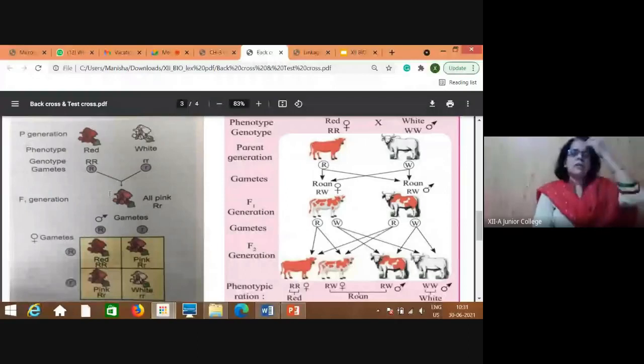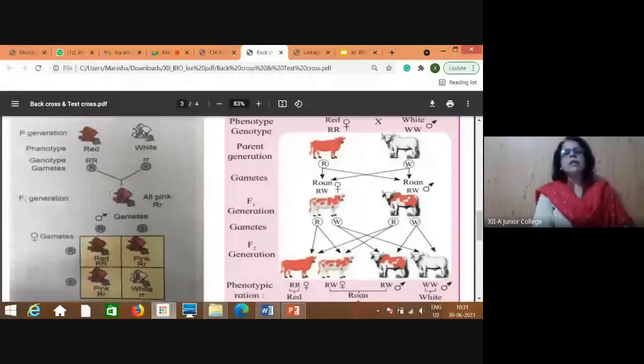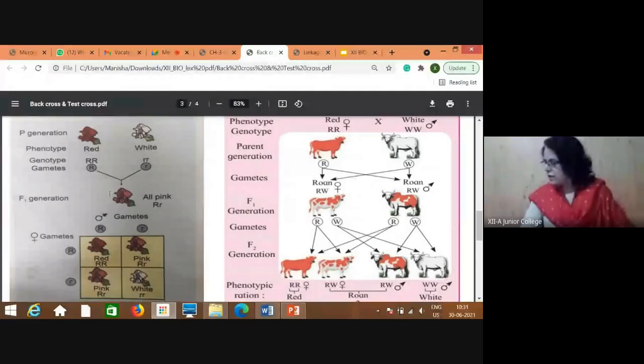Here, take the flower like primrose, the example of evening primrose. When such plants are considered, the flowers are of two types. One is a red colored flower and the other is a white colored flower.